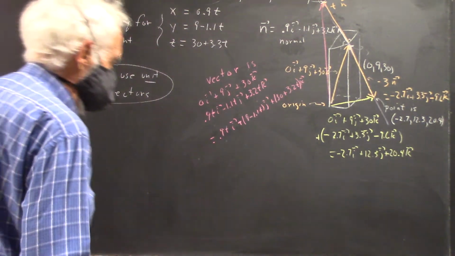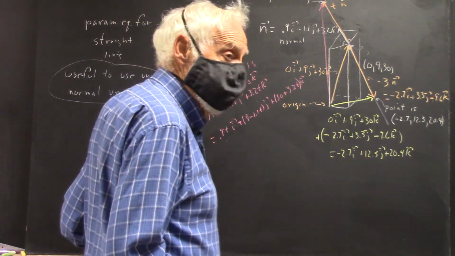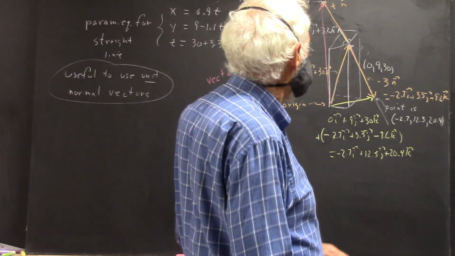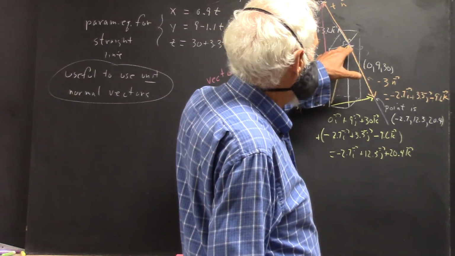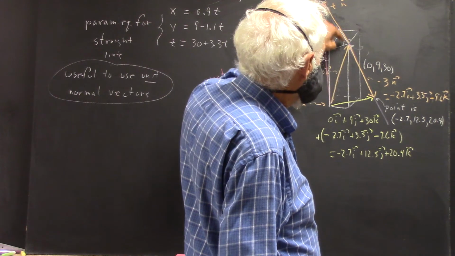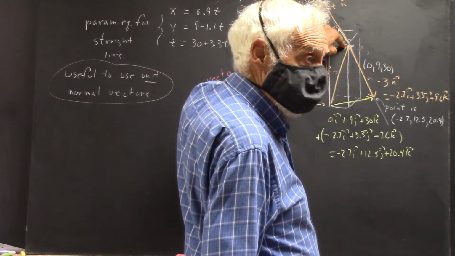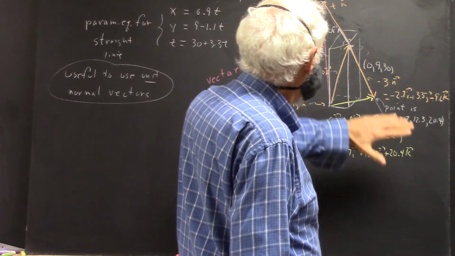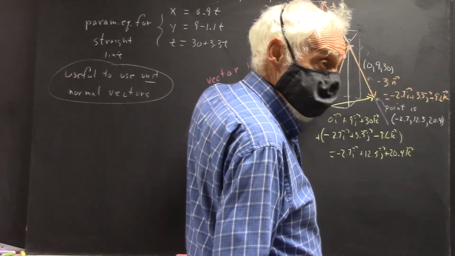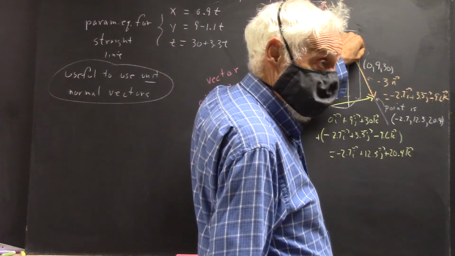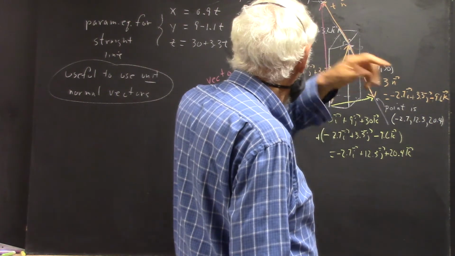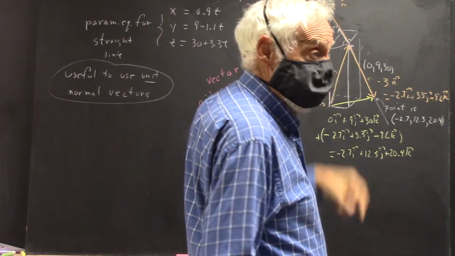Okay, there's another question we might want to ask. Can we get the equation of the plane perpendicular to this normal vector through the point? Now that plane would pass through these two edges, right? So that plane would contain this point, and this point.